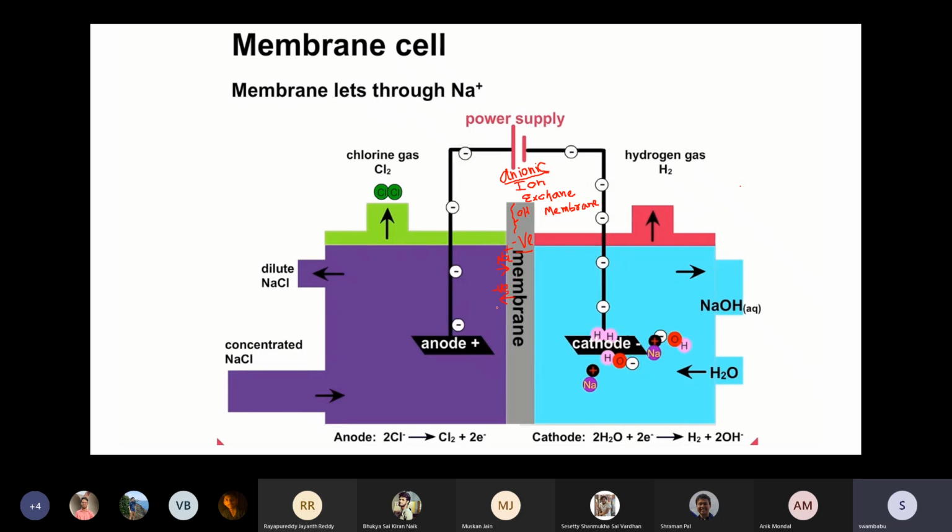It won't allow Cl minus ions to penetrate. So that is the advantage. Upon developing these ion exchange membranes, most NaCl electrolysis is now done with the membrane process only. So let's see here how this works.